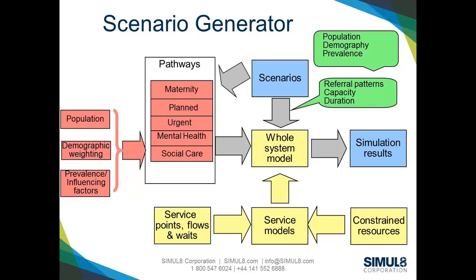What happens if we change the flow around the system? What happens if we run out of capacity, as Brittany was saying, because our workforce is ageing, and how can we manage that?